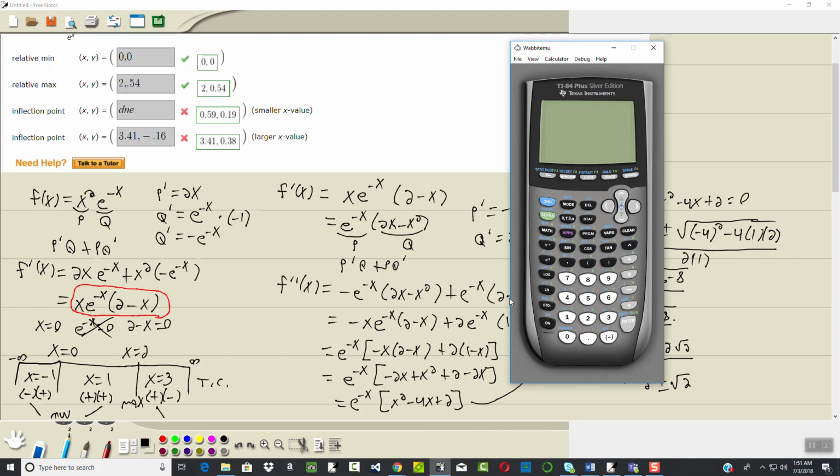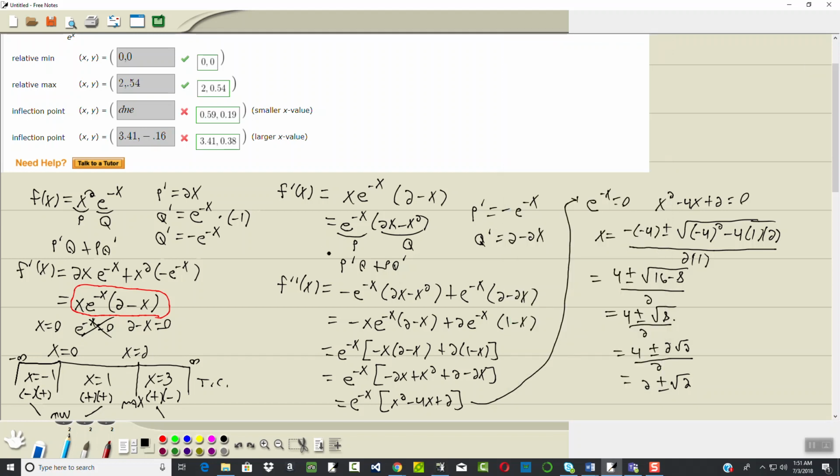Now if I plug these in, 2 plus square root of 2, that's where they get the 3.41. And if I do 2 minus square root of 2, that's where they get the 0.59. So that gives us 0.59 and 3.41.